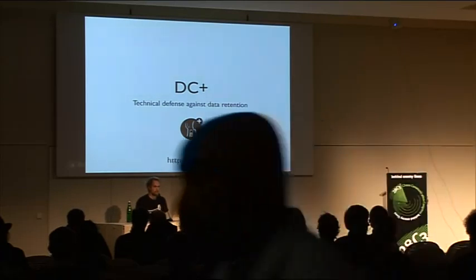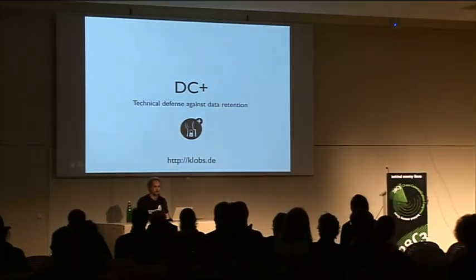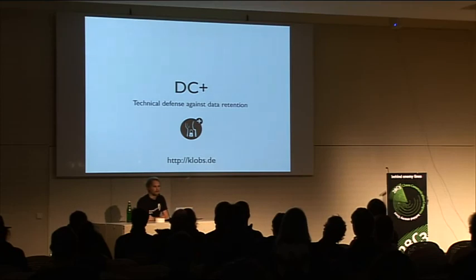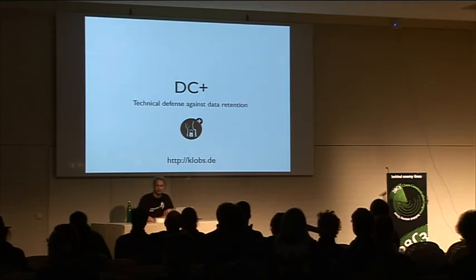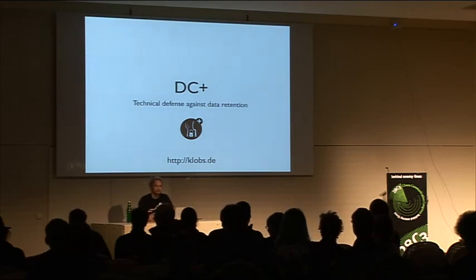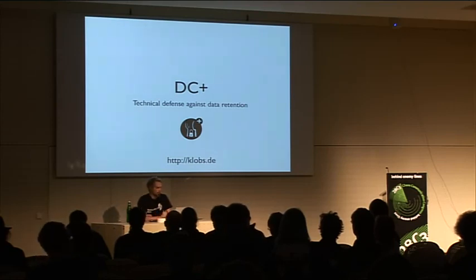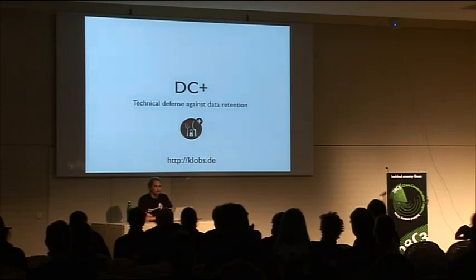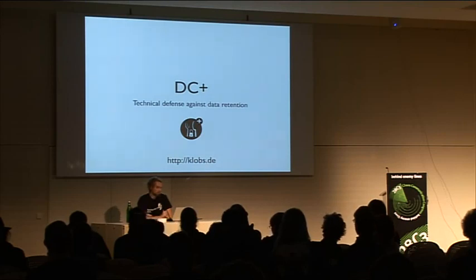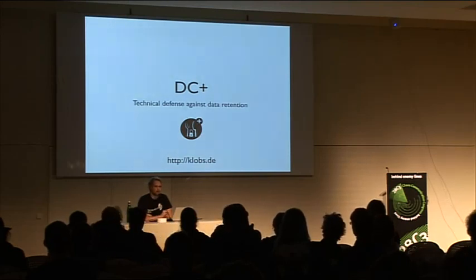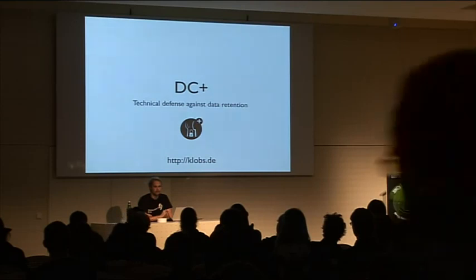Today I'm going to talk about a technical solution against data retention. I will put an emphasis on current anonymization technologies and which problems they bear inside. And then I will introduce you to the Dynamic Cryptographers technology, or the idea behind it, and tell you also about some advanced mechanisms behind this idea.